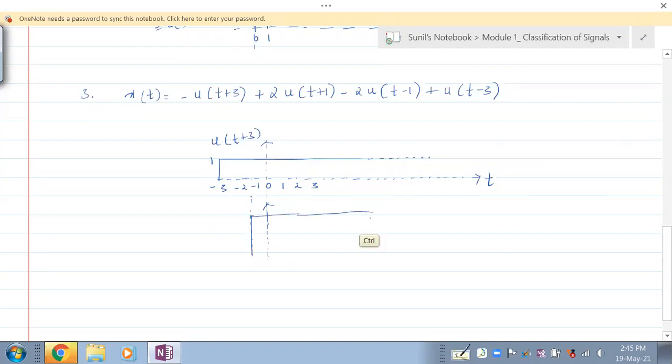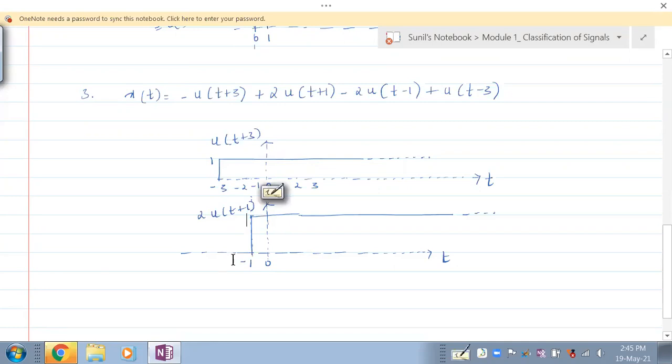Everybody is okay with this? The amplitude is changed. So the signal that we have plotted starts at minus 1, and this is 2u of t plus 1.